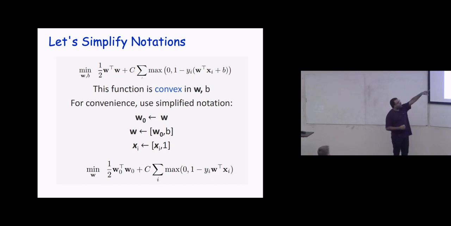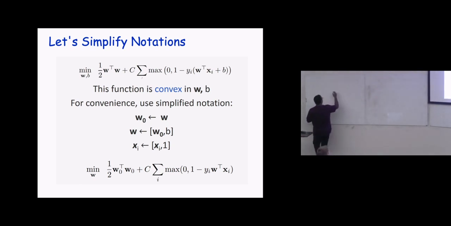Just to get rid of that B, we can simplify the notation like this. W naught now becomes W, and the revised W is W naught and B concatenated.